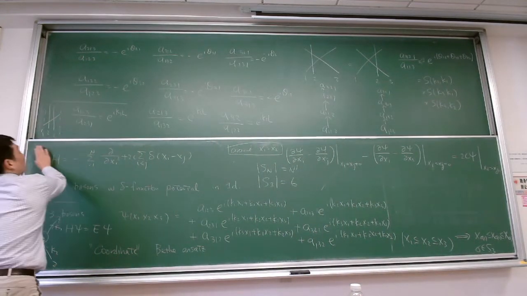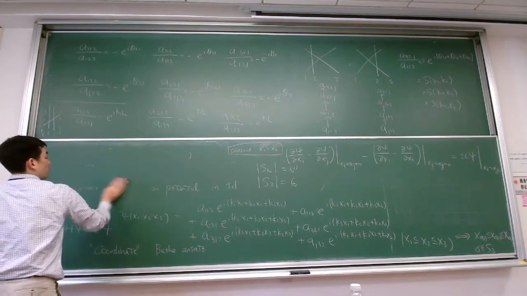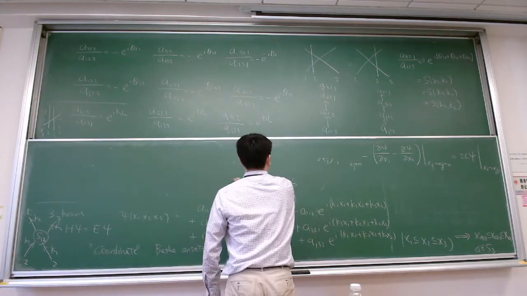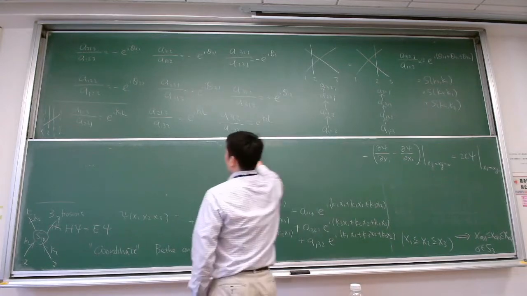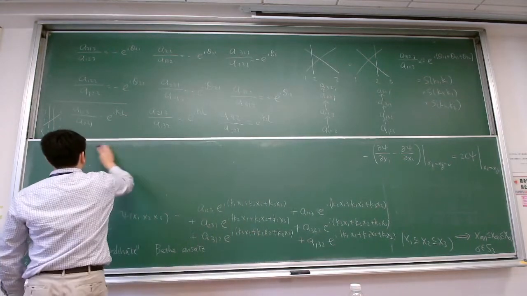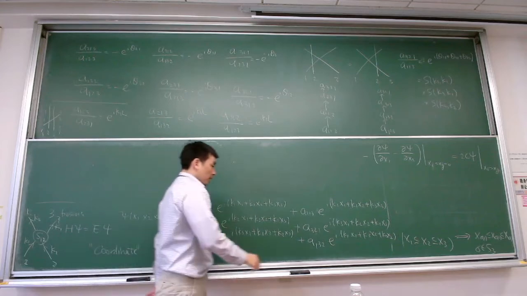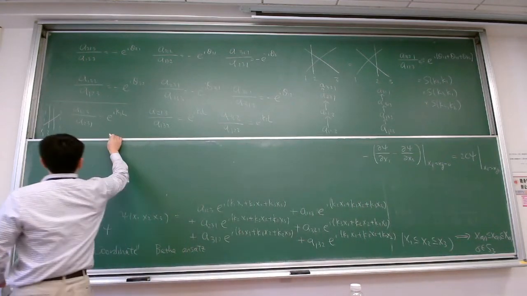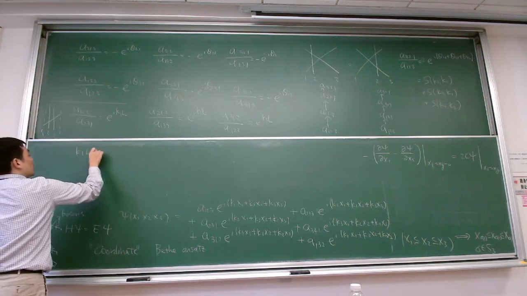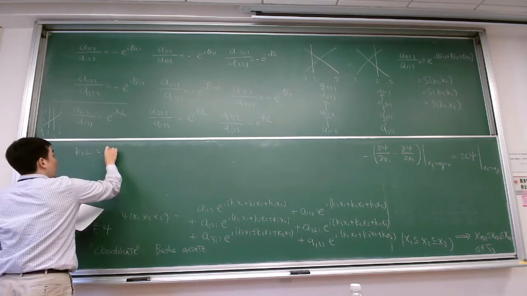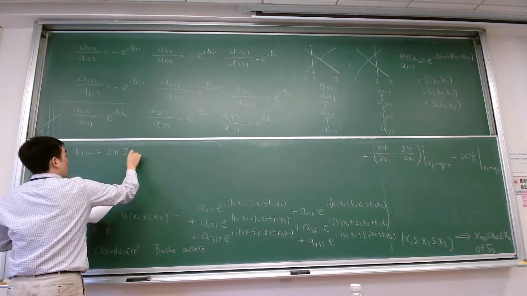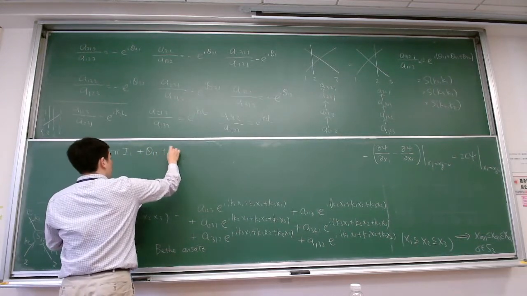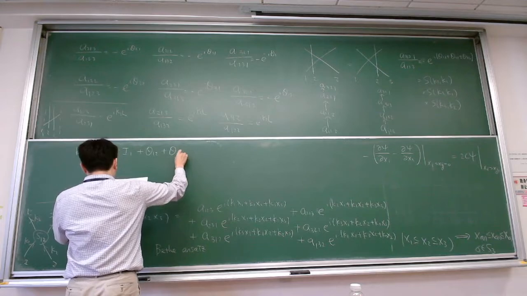So therefore, if you compare between these two, one can just conclude that k1 L is equal to 2 pi I1 plus theta 1,2 plus theta 1,3.